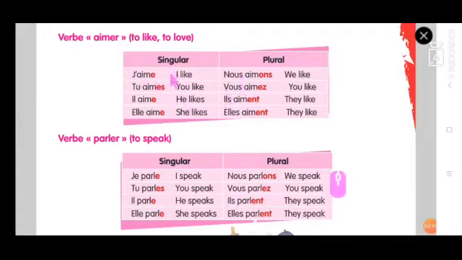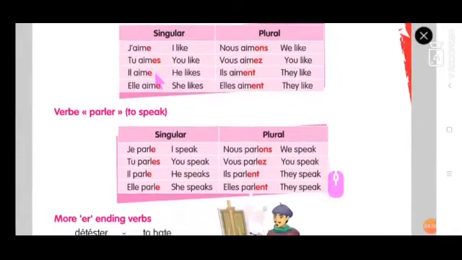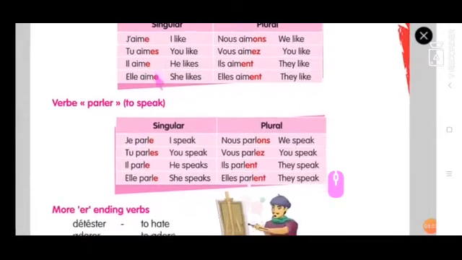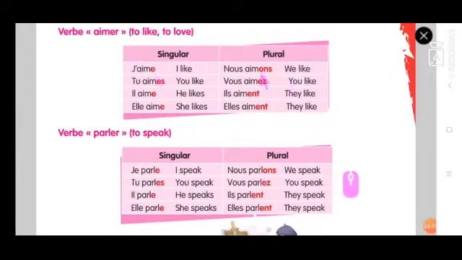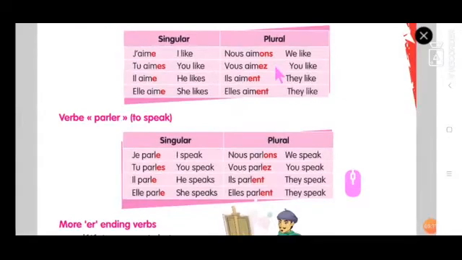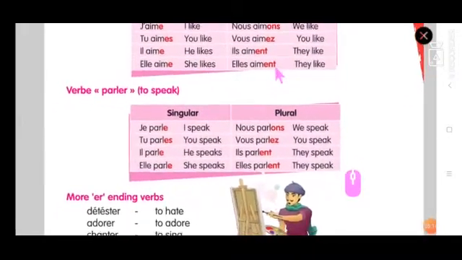So let's all repeat along with me. Singular, please repeat. J'aime, tu aimes, il aime, elle aime, nous aimons, vous aimez, ils aiment, elles aiment.